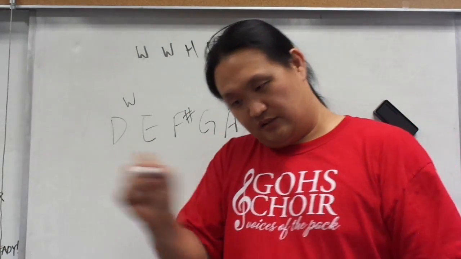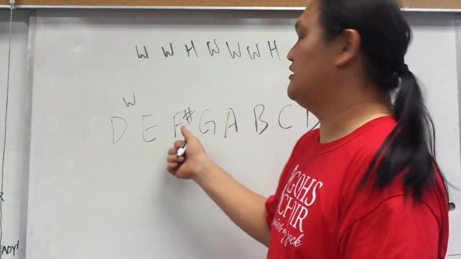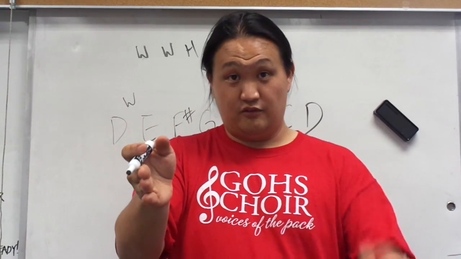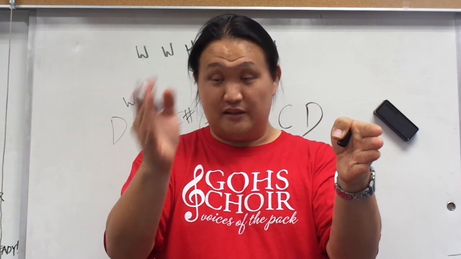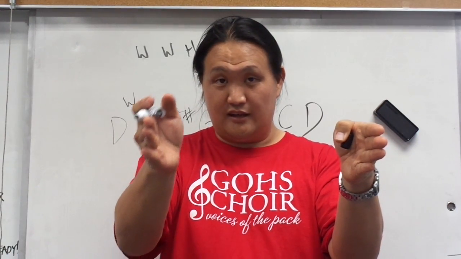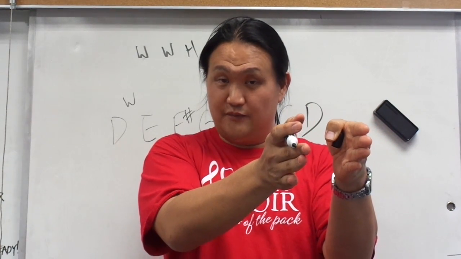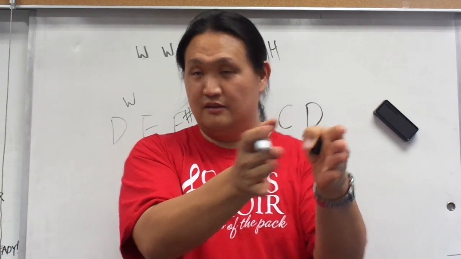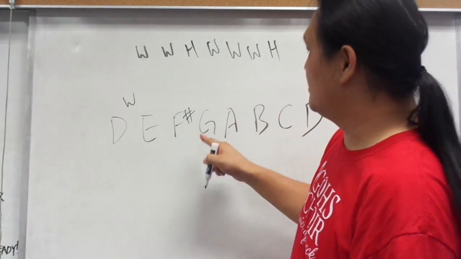When I'm using the staff, sharp comes before the note, but here, sharp comes after. F and G originally were a whole step. But that F is now an F sharp. Notice how it got closer to G. So F sharp to G is now a half step. And that's exactly what we need, so we're good.